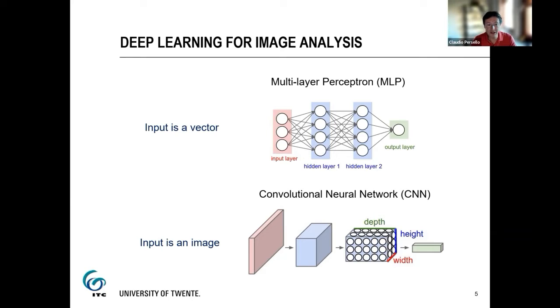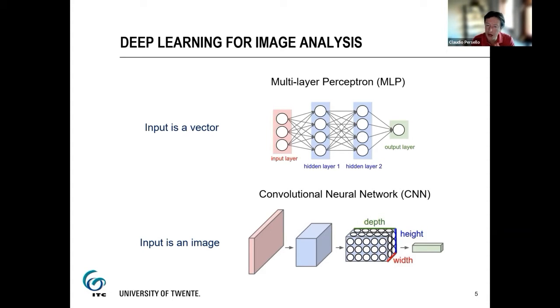So just as a comparison with more standard neural networks like multi-layer perceptron, you see a picture here on the upper part of the slide. Typically, most of the machine learning algorithms are designed to take as input a vector of features that describe the objects, and they're designed to solve several inference tasks, for instance, a classification or a regression problem.